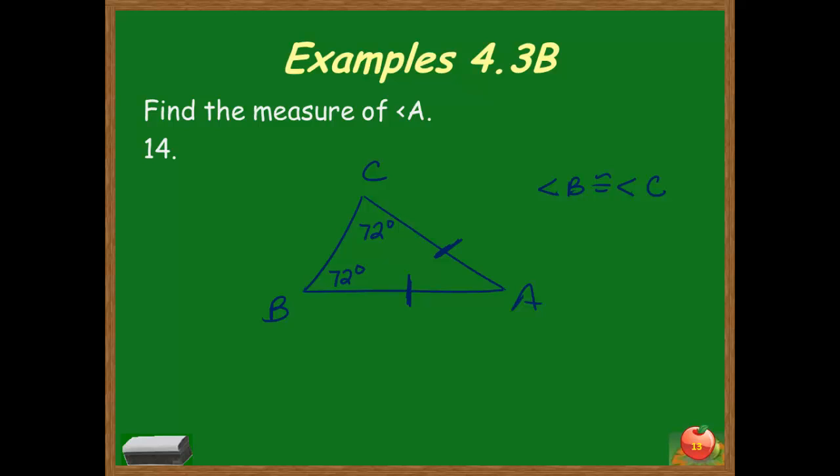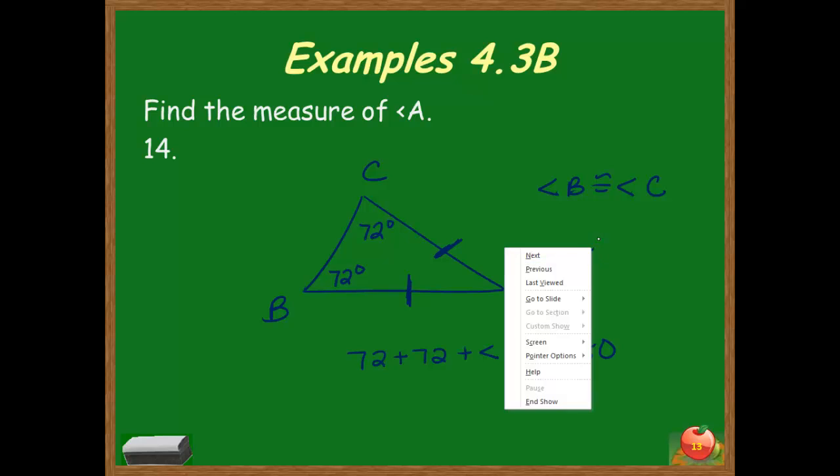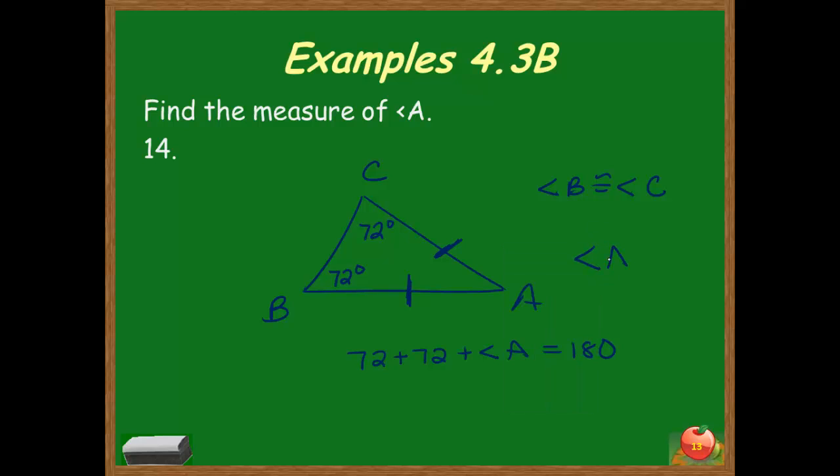So we have to use what we remember from yesterday, and that is that all 3 angles have to add up to 180 degrees. So we're going to do a little bit of addition here. Ricardo, you can use subtraction. And we're going to subtract these numbers until we figure out what angle A is. Angle A equals 36 degrees. That's our answer.